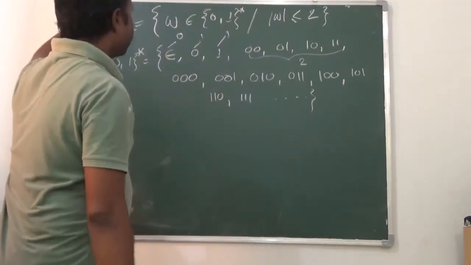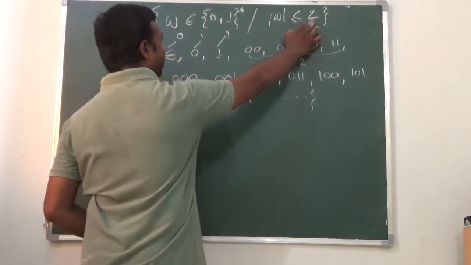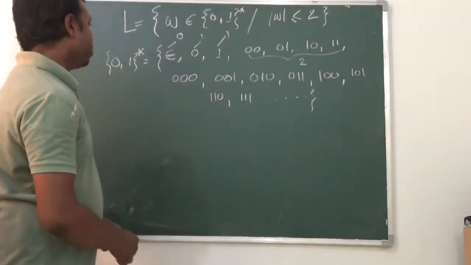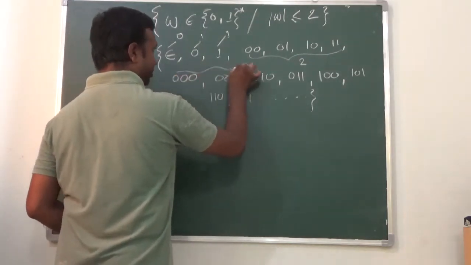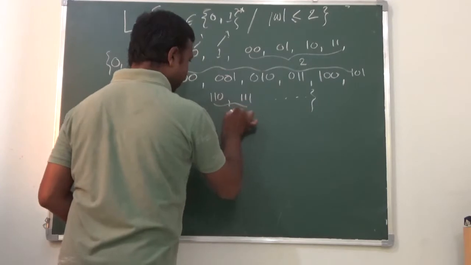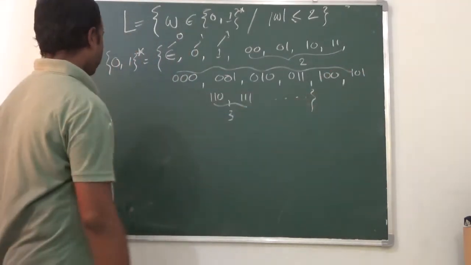Now according to this language, we should accept those strings whose length is less than or equal to 2. All these have length 3, and then we have length 4, length 5, length 6, and so on.